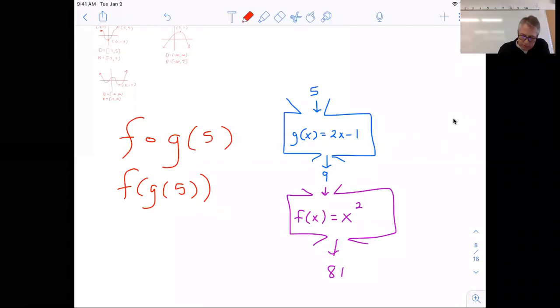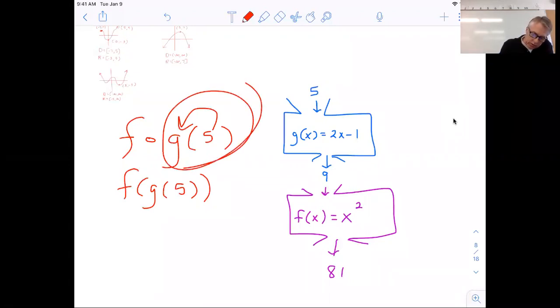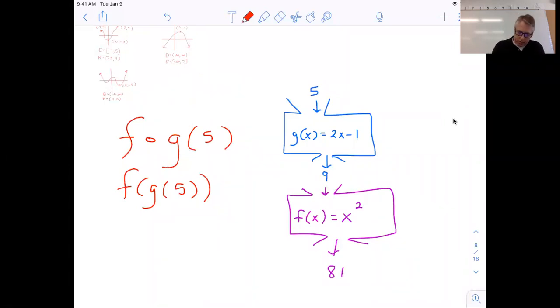What that means is, it's a bit counterintuitive. You do it from right to left now. And I know we read from left to right, but you do it from right to left. So this means I'm going to take 5 and plug it into g, and then take that answer and plug it into f. And that's exactly what we did. Okay, we took 5 and plugged it into g, and then took that answer and plugged it into f.